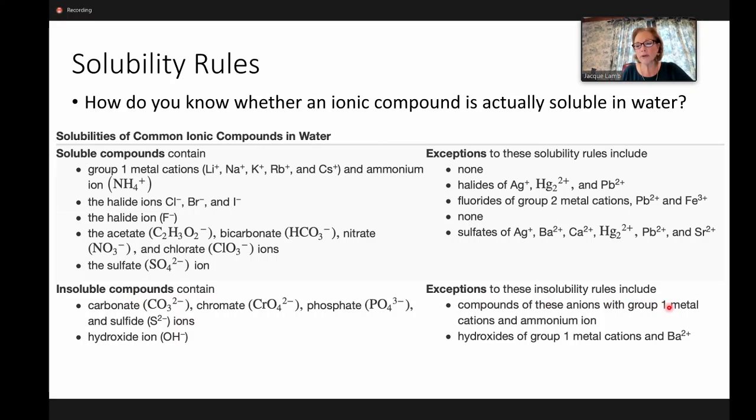Anything made by combining a group 1 metal or an ammonium ion with carbonate, chromate, phosphate, and sulfide will be soluble. Any other metal cation with those anions is insoluble. Hydroxide salts are insoluble. Again, the exception is group 1 metal cations, but also barium hydroxide. Barium hydroxide is soluble. So that's another exception.